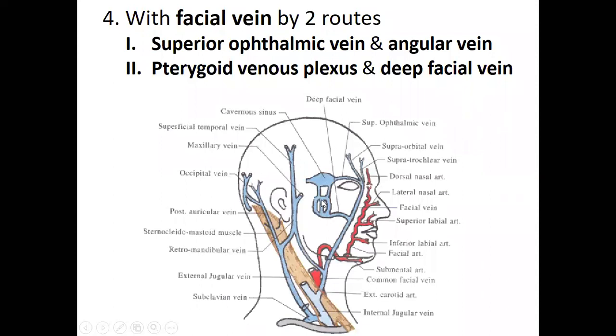And this is the pterygoid venous plexus. The deep facial vein is communicating with the cavernous sinus through the pterygoid venous plexus. The deep facial vein has no direct communication with the cavernous sinus, but only through the pterygoid venous plexus.